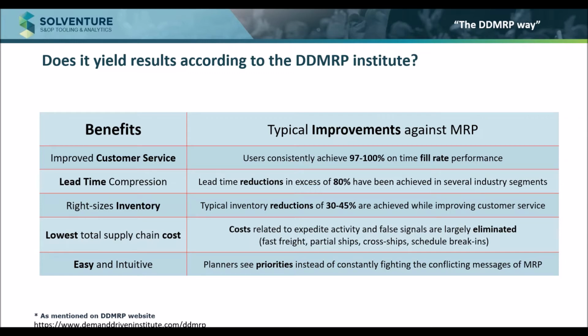Then the typical inventory after a DDMRP implementation, and it must be said that those numbers are compared against the traditional MRP scenario, shows reductions of 30 to 45%. And because the right information flows, you will also get a cost optimization within your supply chain. You're really not producing anything anymore that you don't directly need, or that you won't sell.